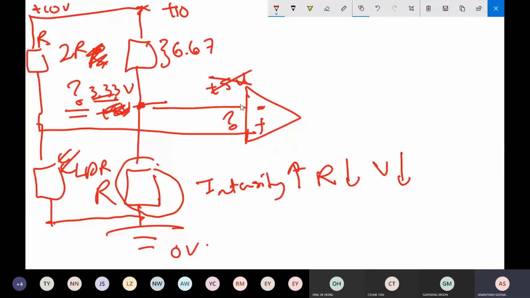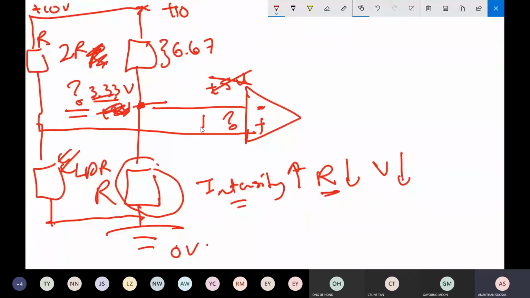So the input voltage is the same as the voltage of the lower resistance, 3.33 volt. The same goes for the LDR. If the LDR is exposed to greater light intensity and its resistance drops, the voltage across the LDR drops, therefore will the voltage going into the positive terminal drop or rise?